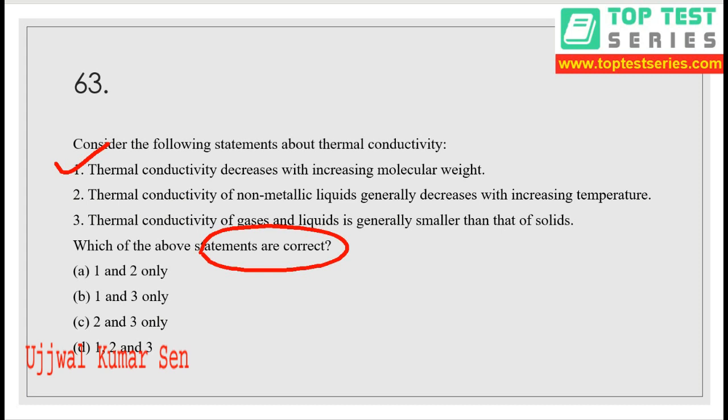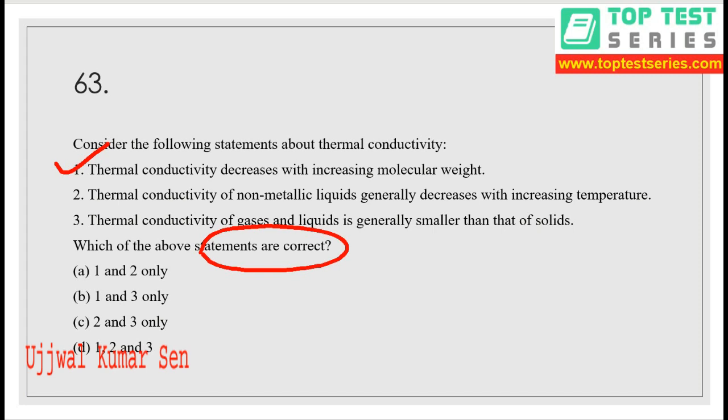Thermal conductivity of gases and liquids is generally smaller than that of solids. Yes, in general, solids have maximum thermal conductivity as compared to liquids and gases. The maximum thermal conductivity is had by solids, the least by gases, and liquids are in between these two. You need to remember these things.